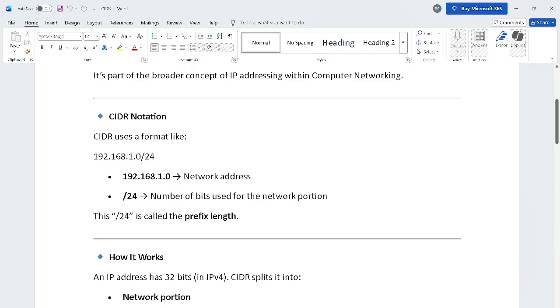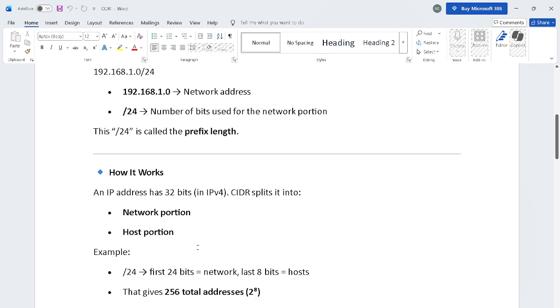So how many bits are we using for the network portion? It is the value after the slash, here /24. Those are all the network portion. This /24 is called the prefix length.